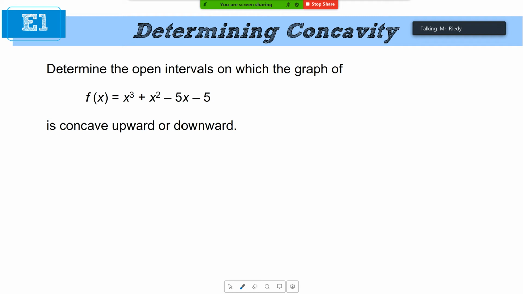So we should have an idea of what our answer is going to be, and then we'll do the math to see if we can get it to match. Okay, do you all see that part of this graph is concave up and part of this graph is concave down? Okay, good. Let's do some math then.